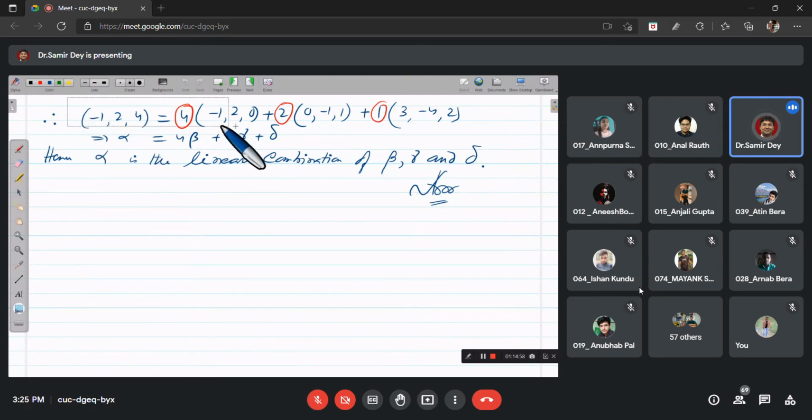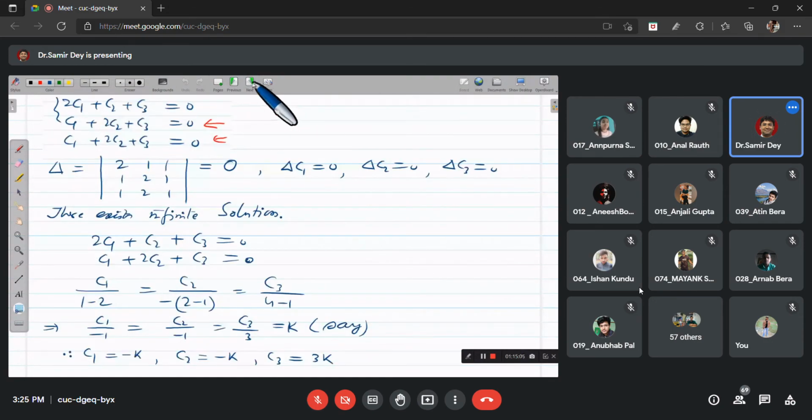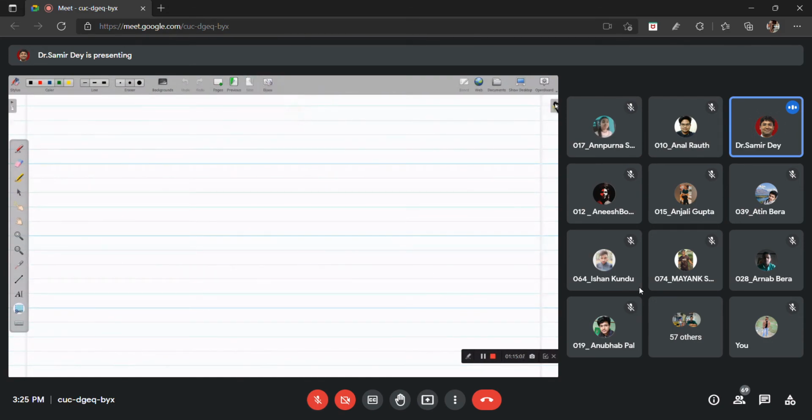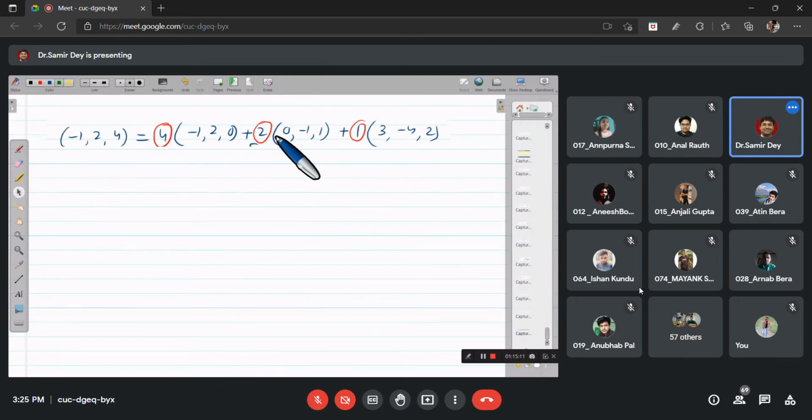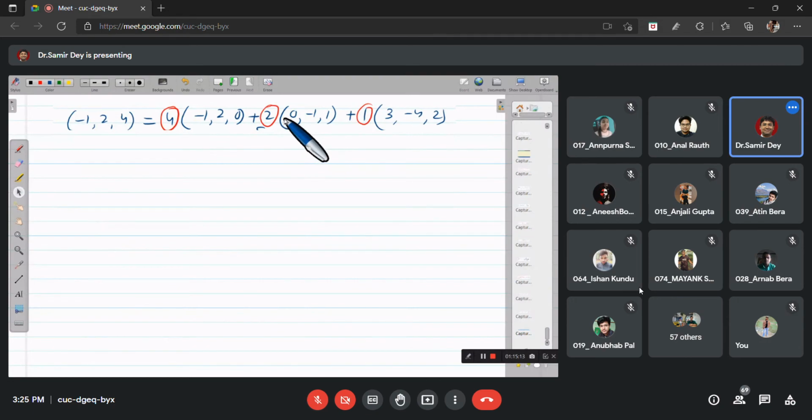Now listen carefully. Very important point I'm going to discuss. Now, another example. Already you know the CSC example. Already you have proved it from the linear combination. This is your GSU, or you can say vector space.